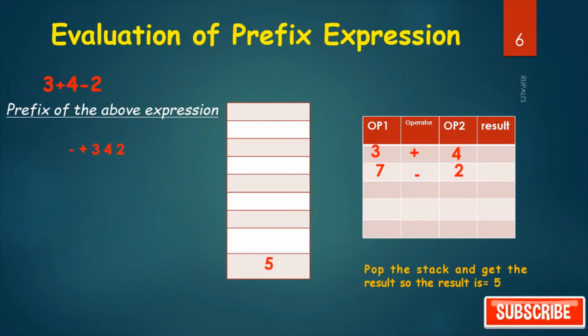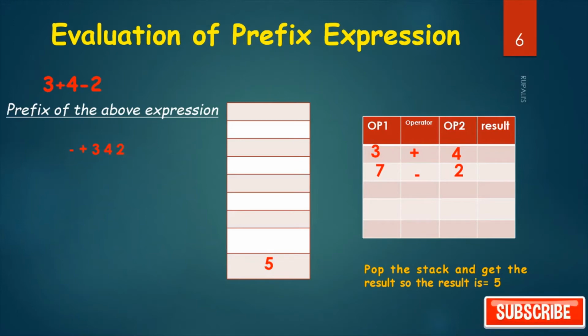Now, the difference between postfix and prefix expression is that first you have to convert the given infix expression to its postfix expression in case of postfix evaluation, and in case of prefix evaluation you have to convert it to its prefix form. In case of postfix evaluation you start scanning from the left hand side.